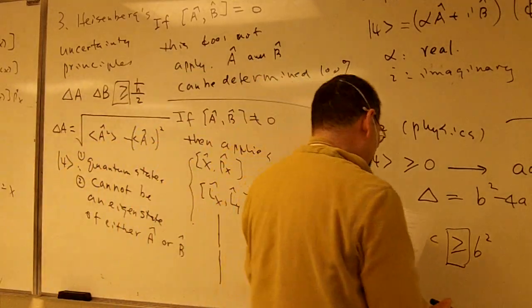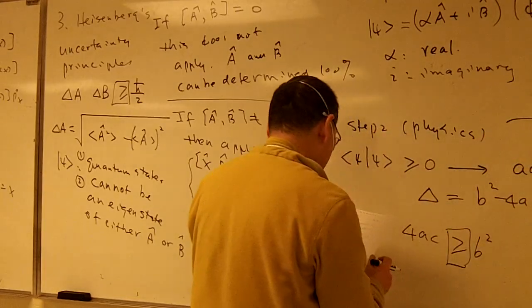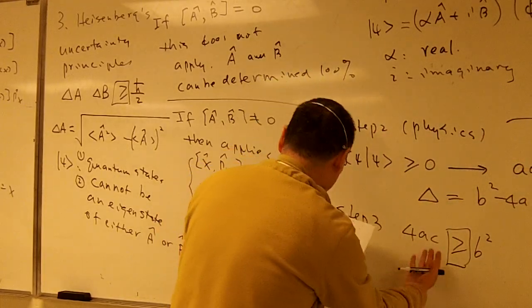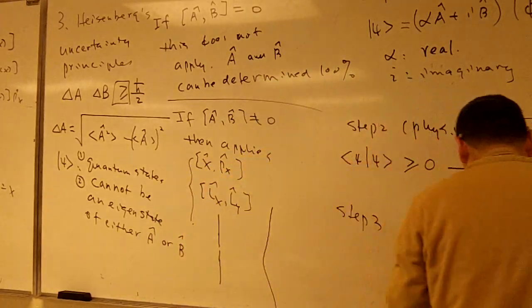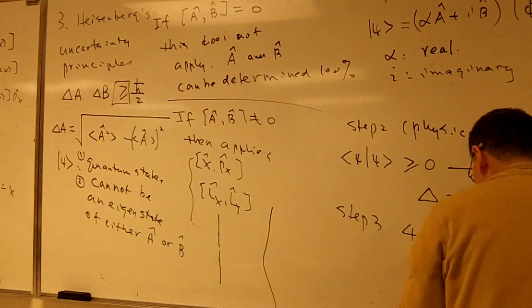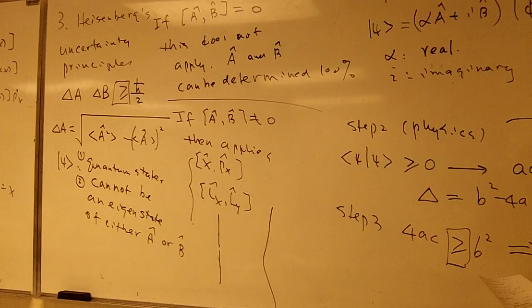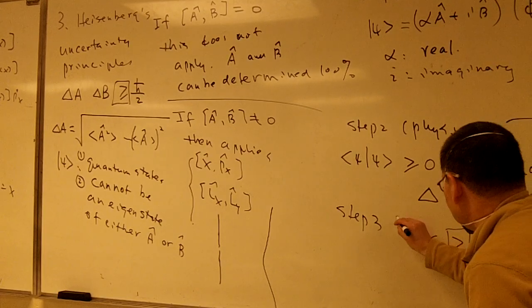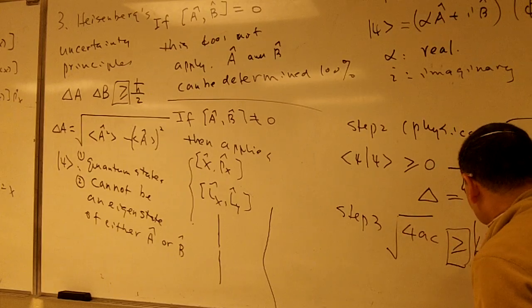So this entire term is going to equal, basically starting from this one here. And this is going to be translated into delta A, delta B, larger than or equal to. And so we essentially take the square root of both sides. Folks, let's take the square root of both sides.